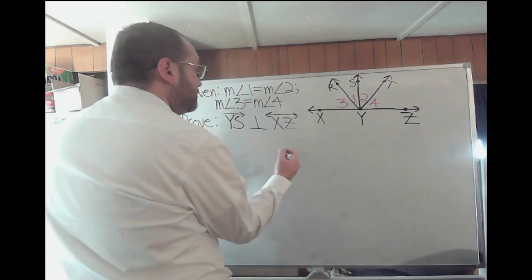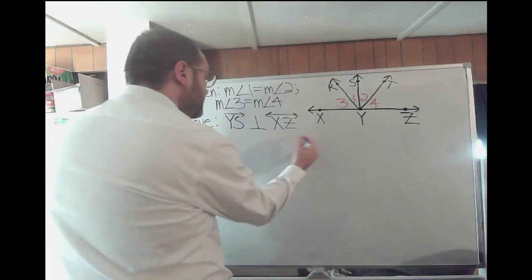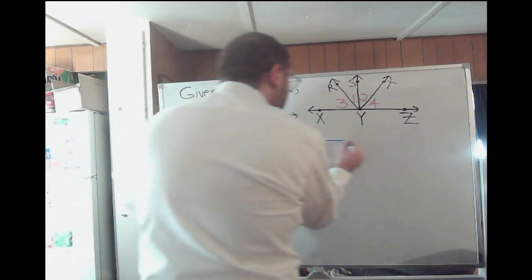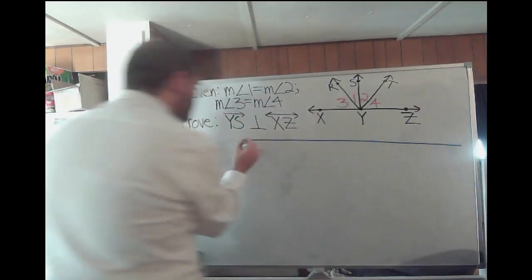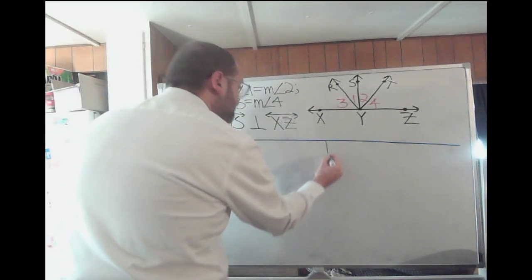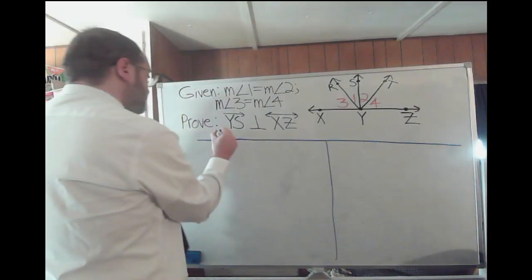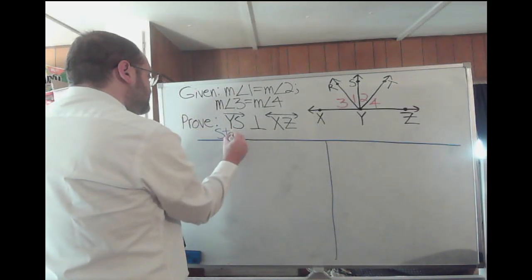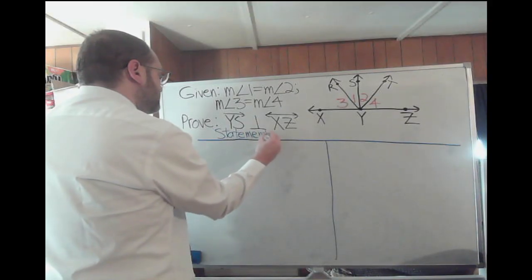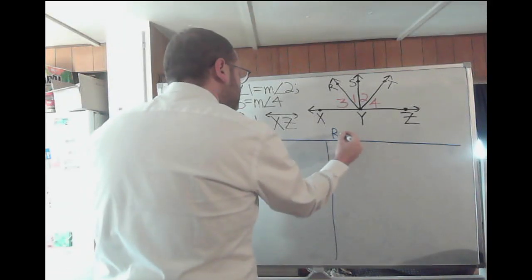Alright, so this one might be a bit of a doozy. I'm not going to lie to you about that. I'm going to make this one kind of big because I don't want to run out of room on the board. We'll have statements here. We'll have reasons here.